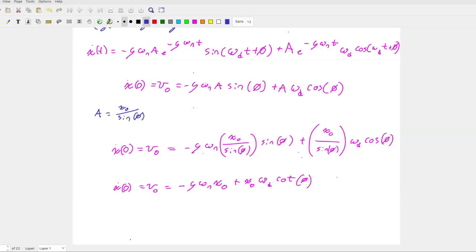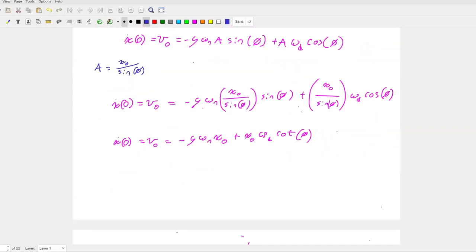Okay, so again, I want to put this all into an expression to try to get phi out on its own. So I've got a cotangent of phi in both. So let's throw the cotangent on the left.